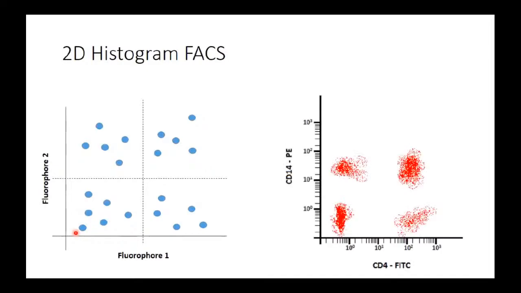If the cells are here, it means that they are expressing protein 2, but not protein 1. These cells are expressing protein 1 because they have a high signal on the detector of fluorophore 1, but they are not expressing protein 2 because they have a low signal on the detector of fluorophore 2. And these cells are not expressing any of the proteins. Now I have a real two-dimensional histogram.